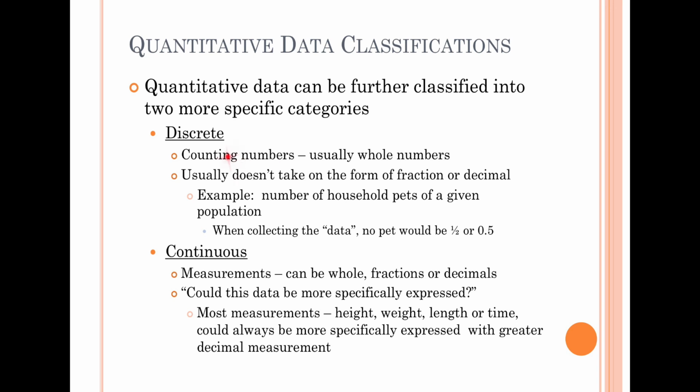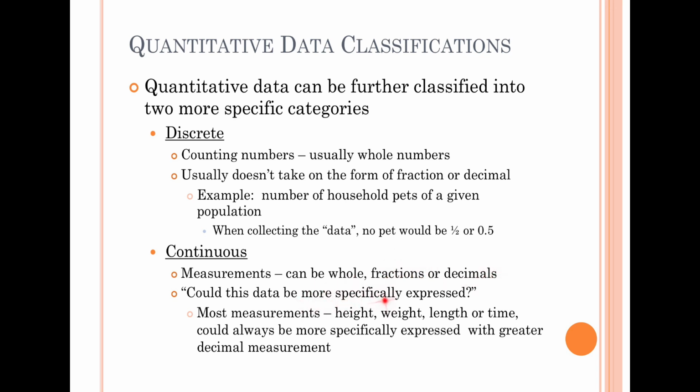So discrete numbers tend to be whole, and they tend to not take on forms of fractions or decimals, whereas measurements we call continuous, which is kind of a weird word to use, but we use that word because for measurements, they can always be taken more specifically, or we could always be more precise in the way that we're reporting them. So they can be whole, but they can also be fractions or decimals.